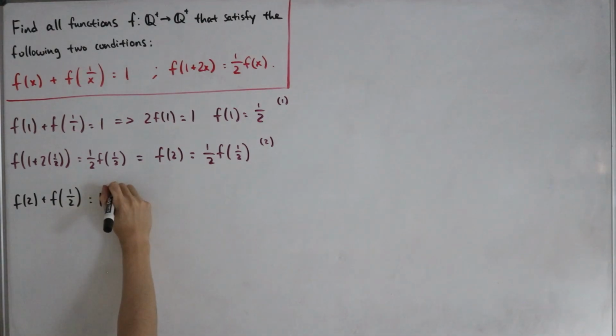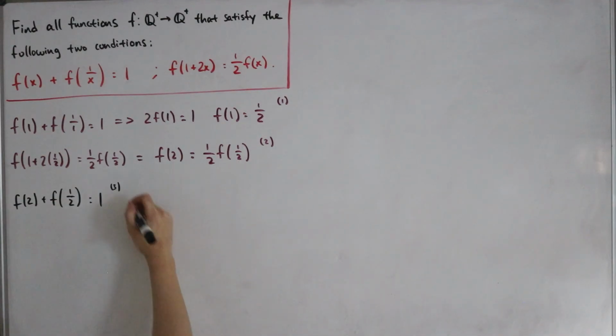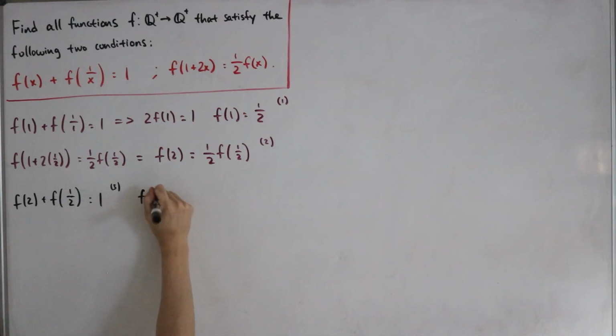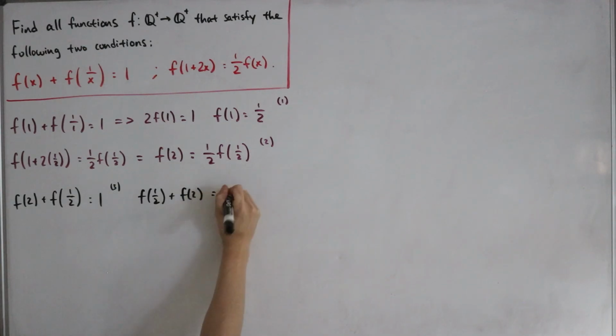We call this equation number 3. Now let's plug x equals 1/2 into the first equation as well. Then we have f of 1/2 plus f of 1 divided by 1/2, which is just f of 2, set equal to 1. We call that equation 4.